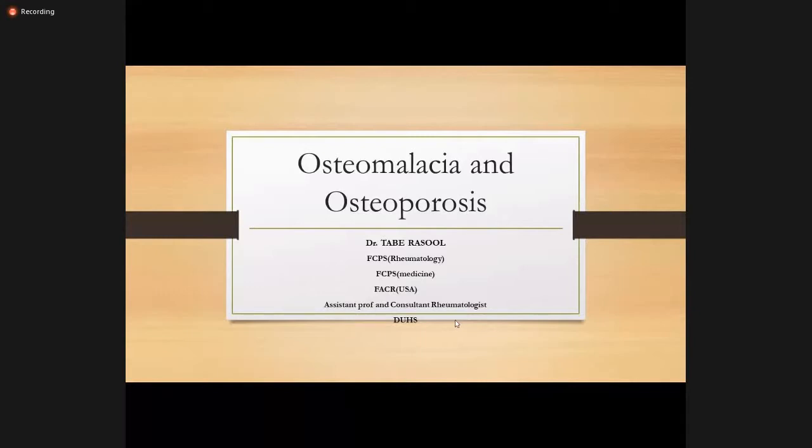We are having the same topic that we had discussed on 17th of this month, osteomalacia and osteoporosis. Although from a management perspective we had discussed this at a glance, today we will have detailed management regarding osteoporosis.